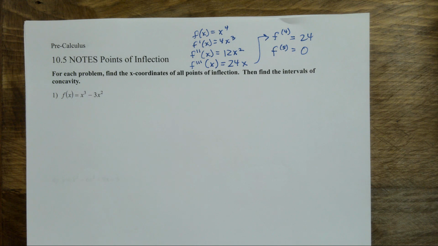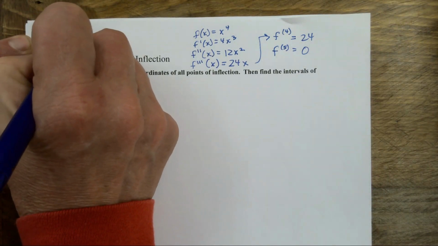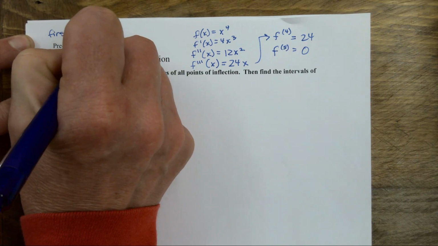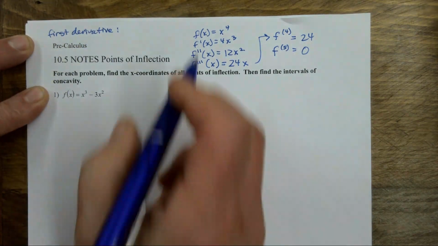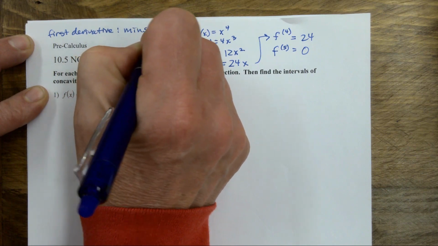graphically. And so my first derivative tells us extreme values. I just write them as mins and maxes.